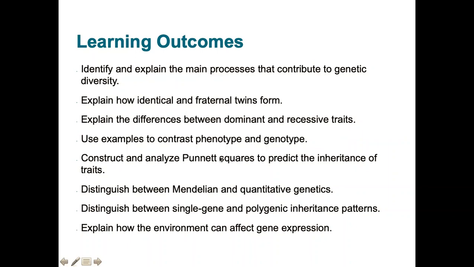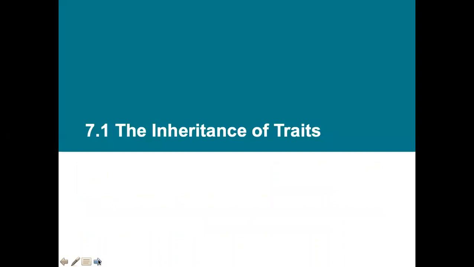We're going to look at Punnett squares and how things are inherited, at least in Mendelian genetics. We're going to compare that to quantitative genetics, and then single gene or polygenic inheritance, one versus many inheritance patterns, and then a little look at environmental effects, all to kind of answer the question about, is being smart something that you get from your parents?